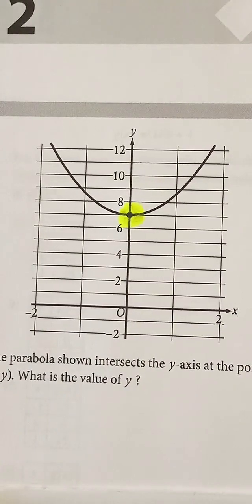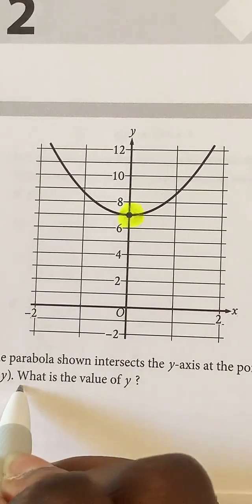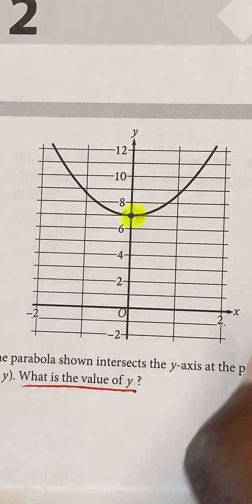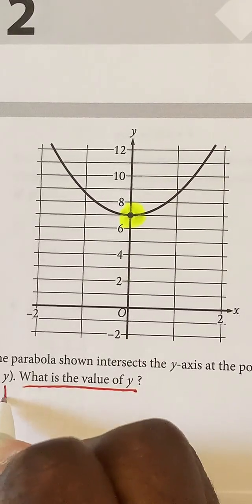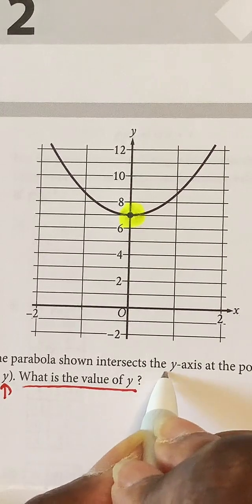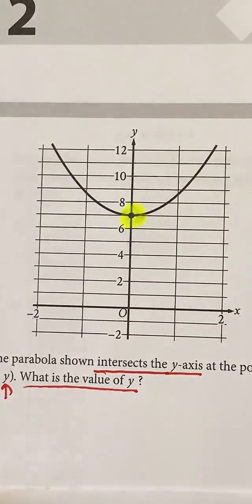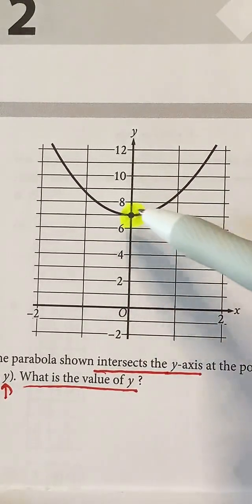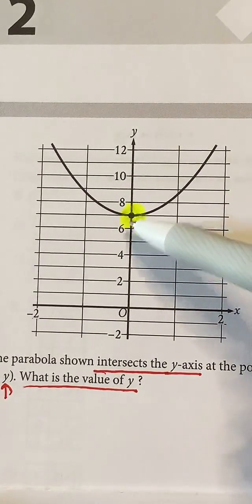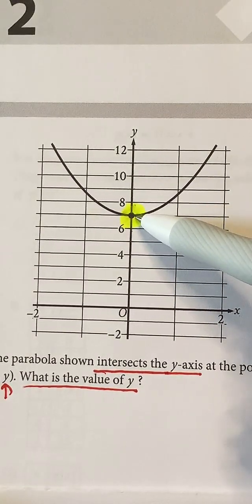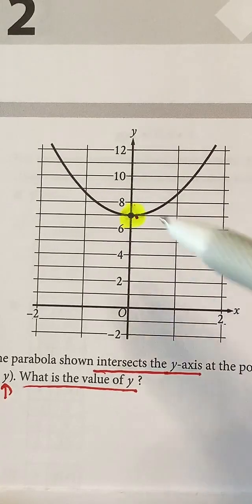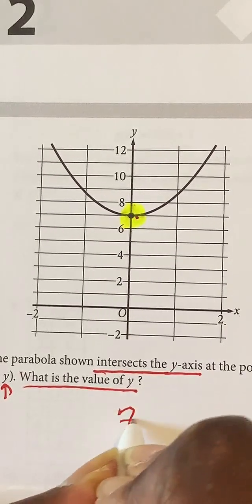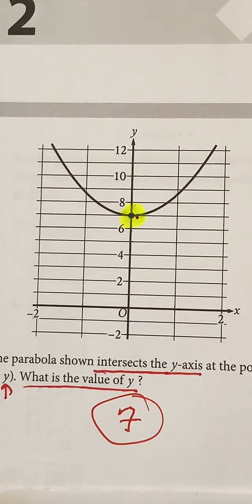If they're asking what is the value of y, they want to know what is the value of y at that intersection of the y-axis, aka the y-intercept. So it's crossing right here. Here's 6. Here's 8. The only number that's in between is 7. So that's going to be your y.